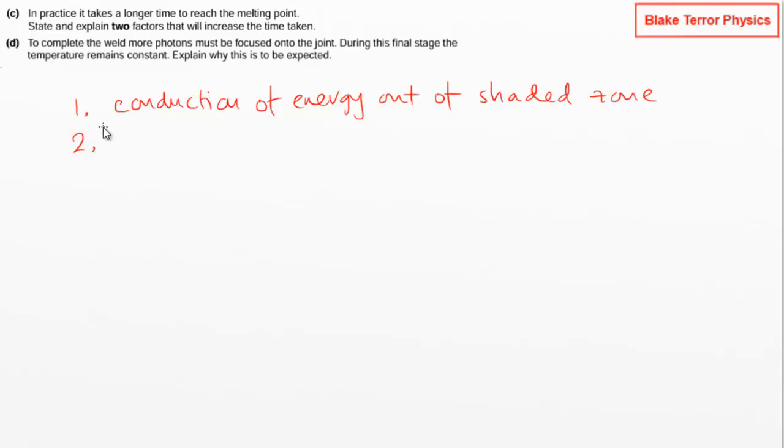Then we've got 2. The other one we could have scattering, I suppose, reflection or scattering. Either one's going to be fine. Of laser beam from the surface of the metal.